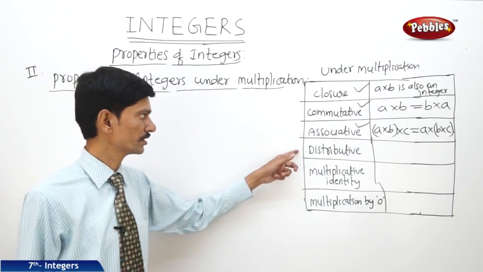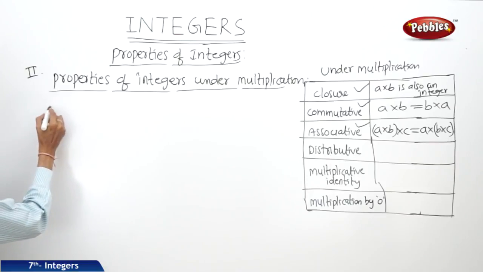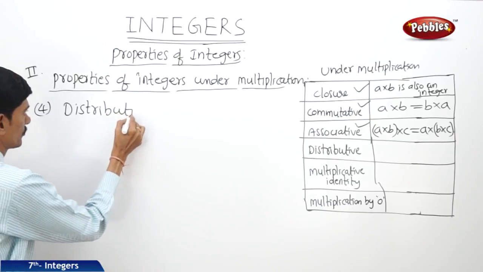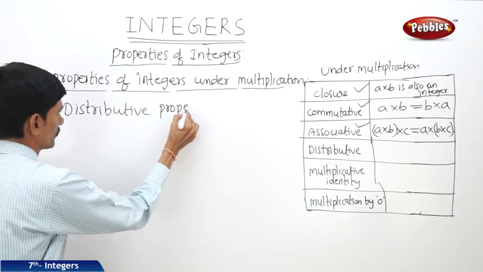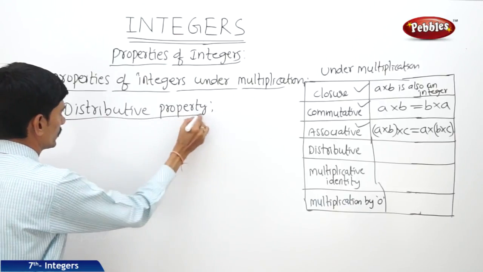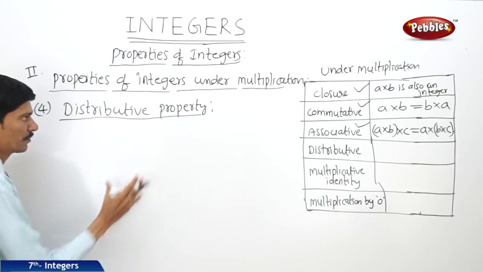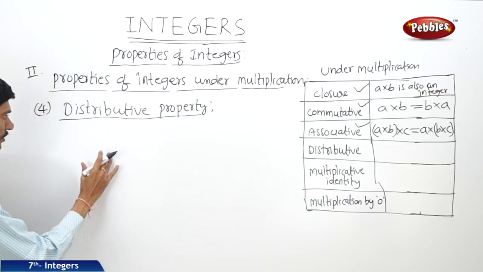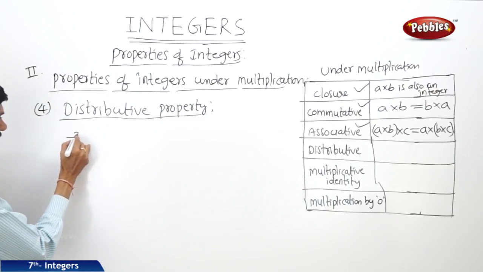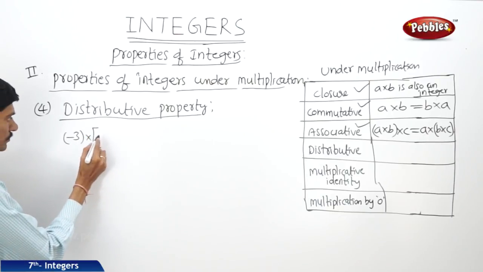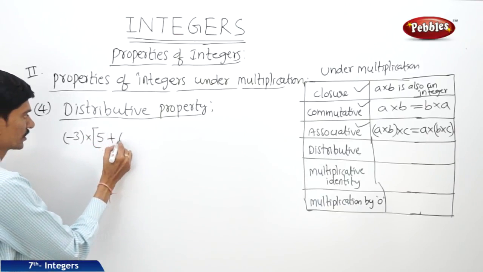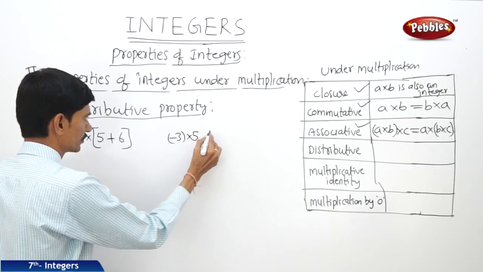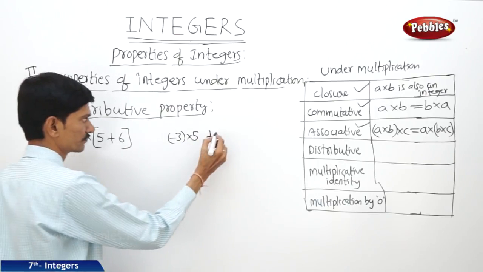Now let us see the fourth property, that is distributive property. Here multiplication distributes over addition and also subtraction. Let us see how multiplication distributes over addition. First, take the integer minus 3 into (5 plus 6), and also minus 3 into 5 plus minus 3 into 6.